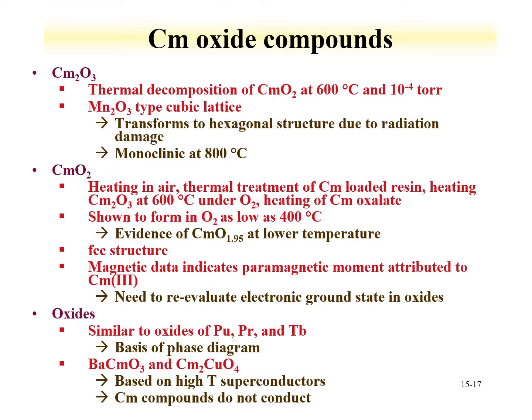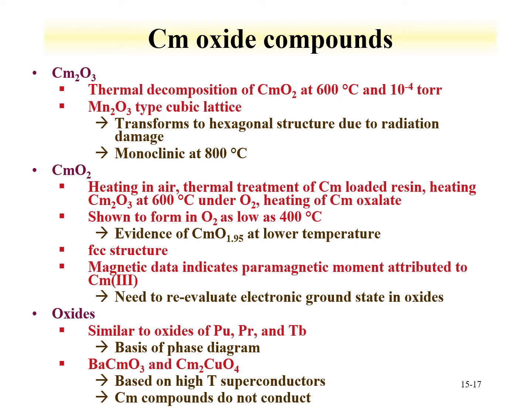For the oxides, there are two primary oxides, the trivalent Cm2O3 and the tetravalent CmO2. The Cm2O3 will decompose to the more stable tetravalent oxide at around 600 degrees, and the Cm2O3 does a phase transformation at around 800 degrees to the monoclinic form.